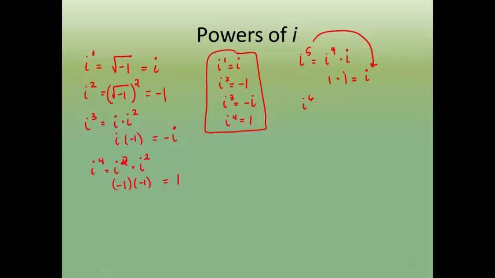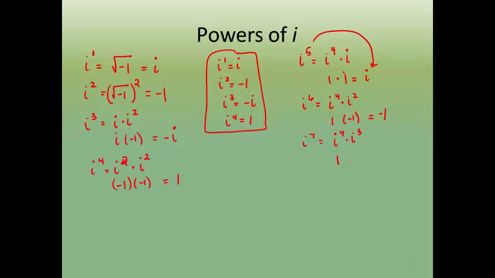Let's try I to the sixth. Well, I to the sixth is like I to the fourth times I squared. Since I to the fourth is +1 and I squared is -1, I to the sixth is -1. Well, I to the seventh is like I to the fourth times I cubed.